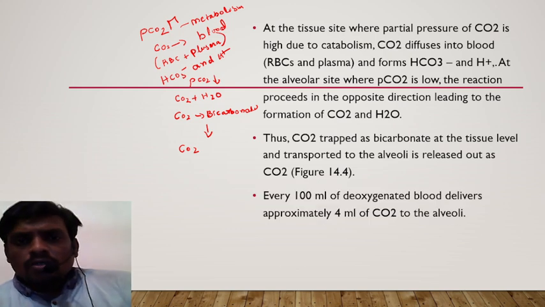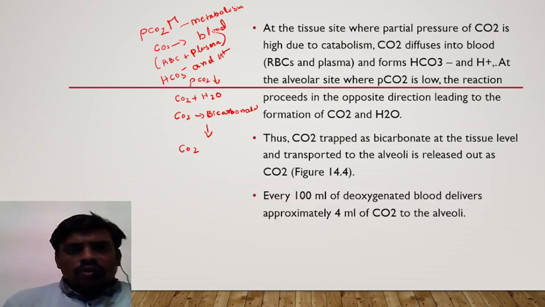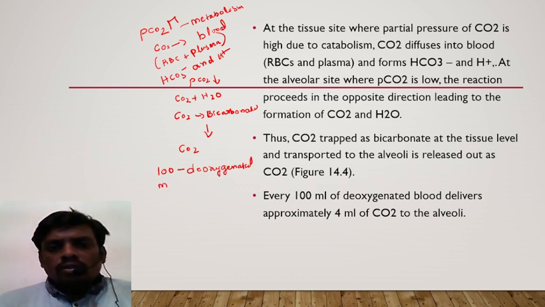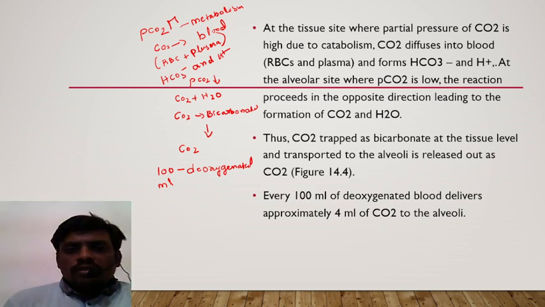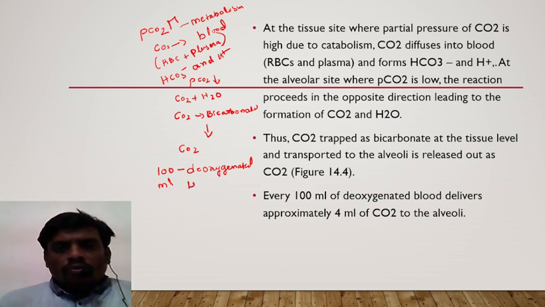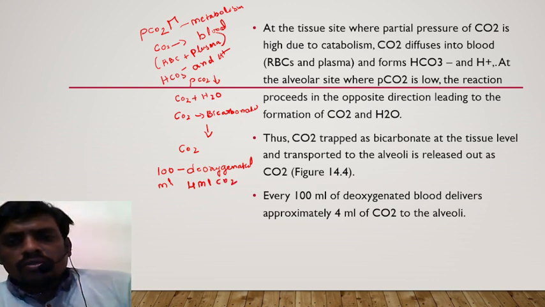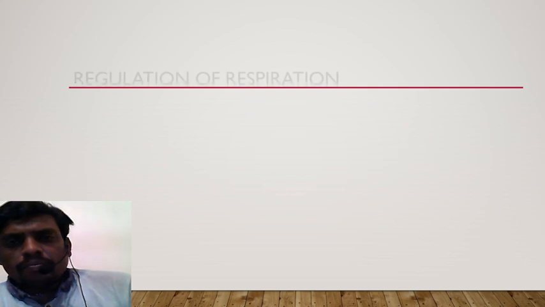Every 100 ml of deoxygenated blood delivers approximately 4 ml of CO2 to the alveoli.